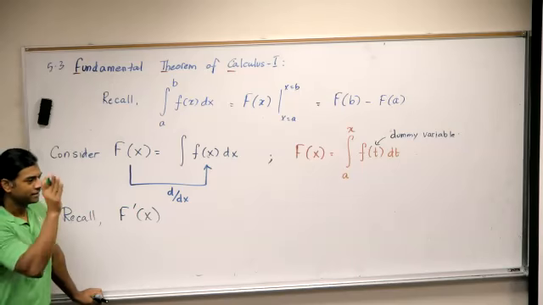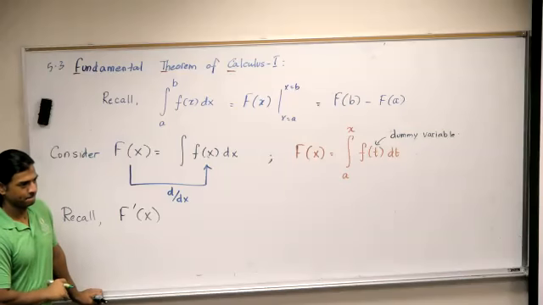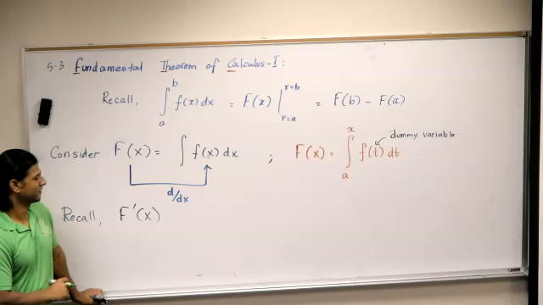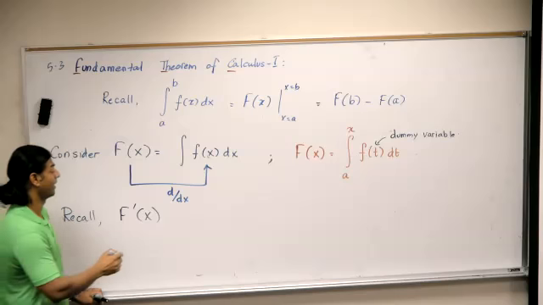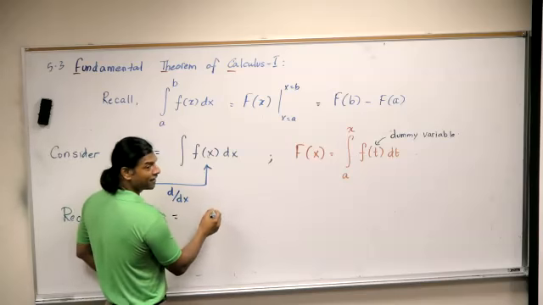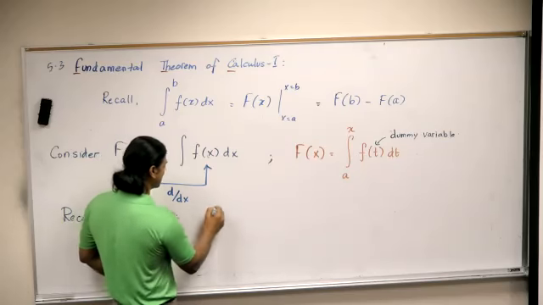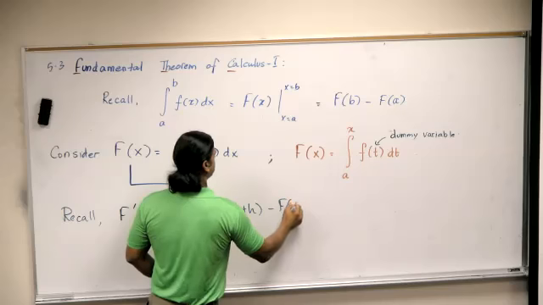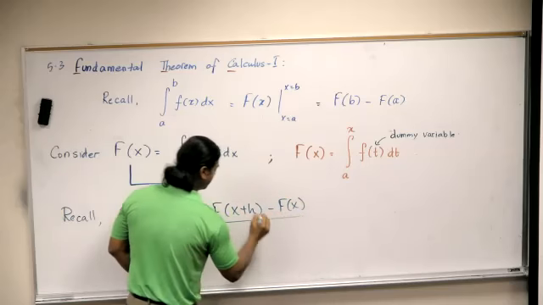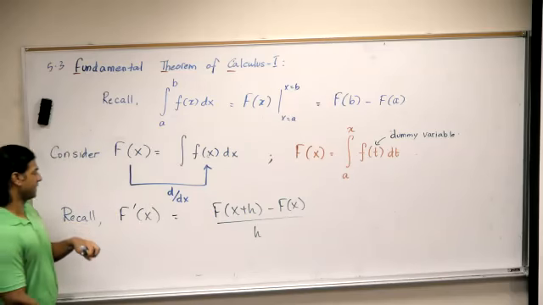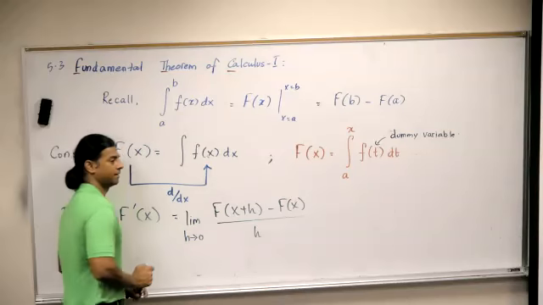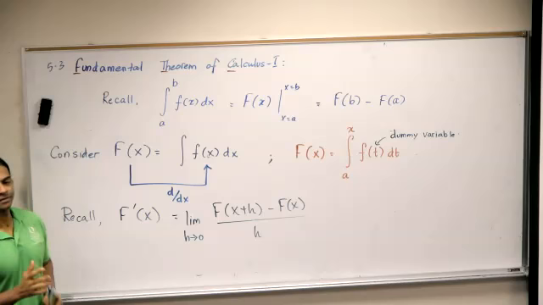The definition of the derivative. Isn't it F of x plus h minus F of x? Keep going. Difference quotient. So F of x plus h minus F of x divided by h. That is the difference quotient. And of course, we have to take the limit as h approaches 0. Good.